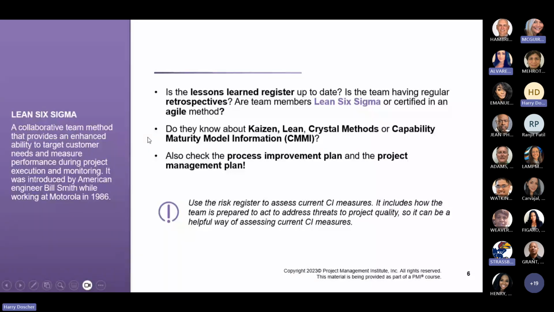One of the things that you need to do as a project manager is communicate and understand what each team member's background is. Do the team members know about Kaizen, Lean methods, Crystal methods?